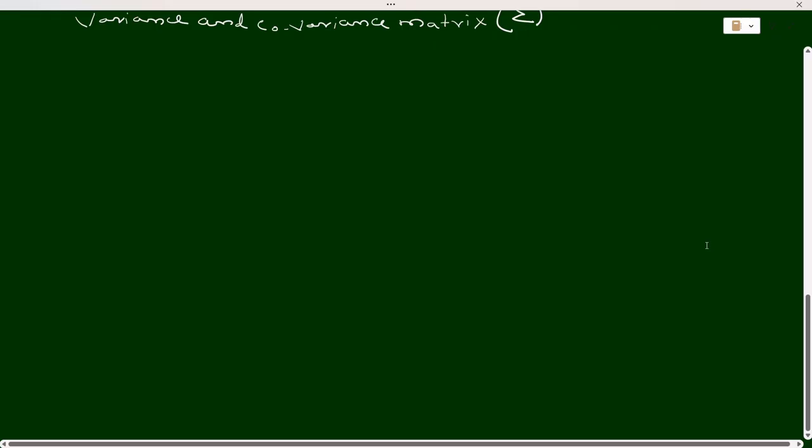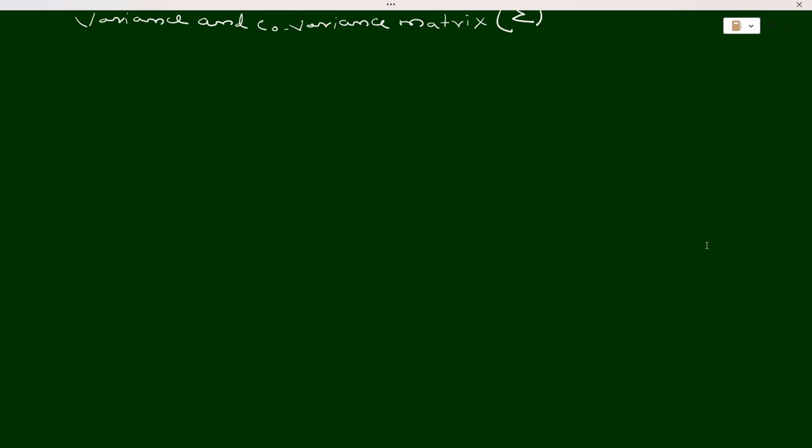So this is a P cross P square matrix. Since we have taken P variables, the variance covariance matrix will be P cross P, describing the spread and the relationships.